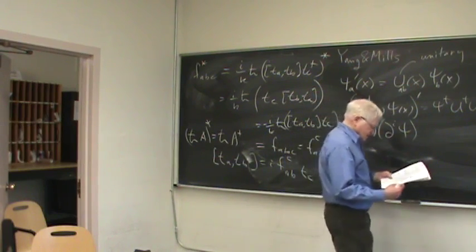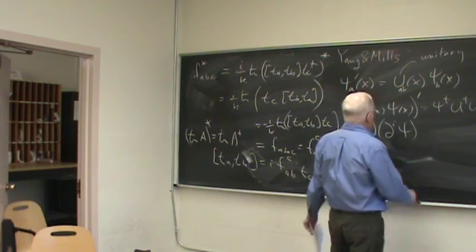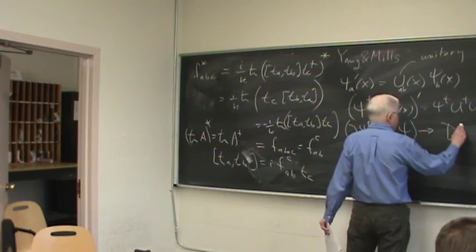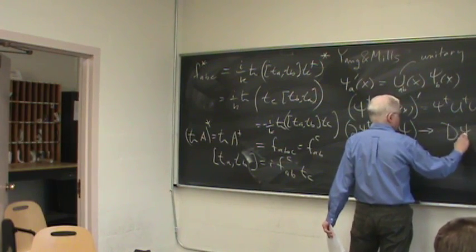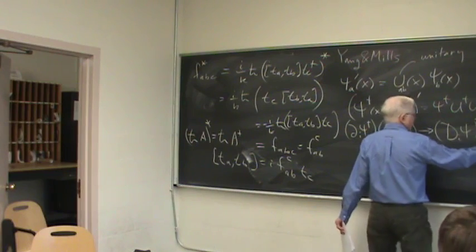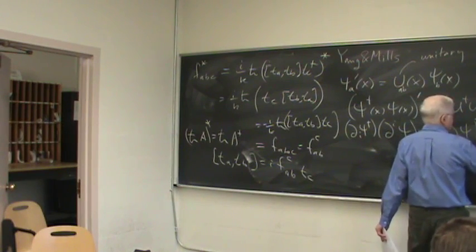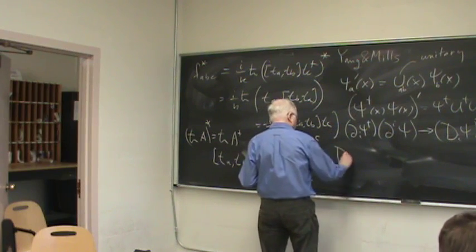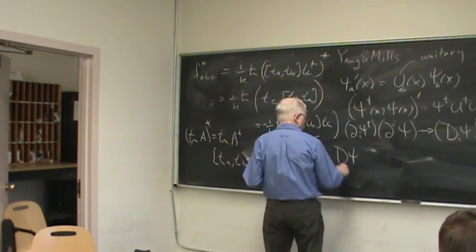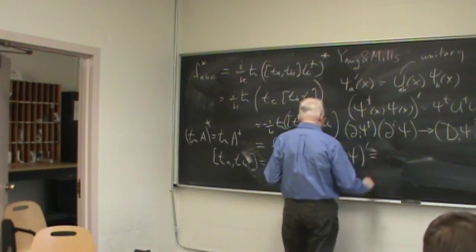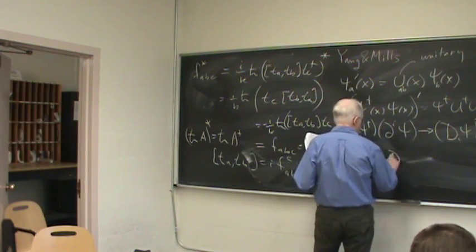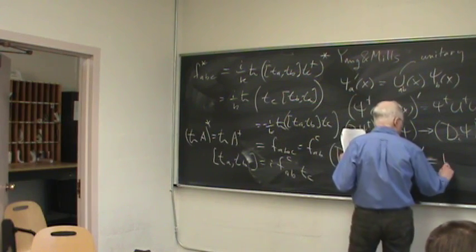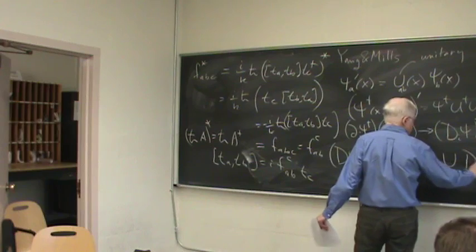So what Yang and Mills said, well, let's change this and call it D_i of psi dagger, D_i of psi, and require that under a gauge transformation, D of psi prime equals D prime psi prime, of course, but that this equals U D of psi.